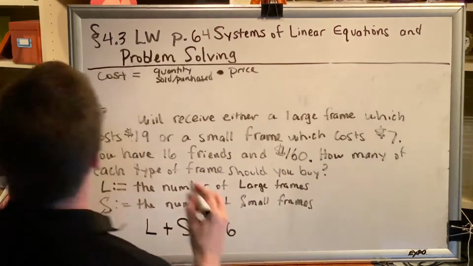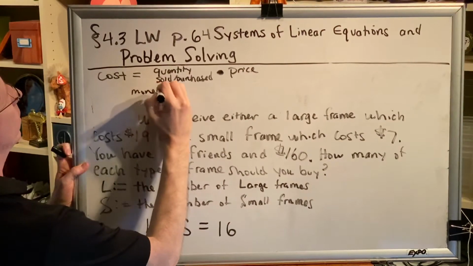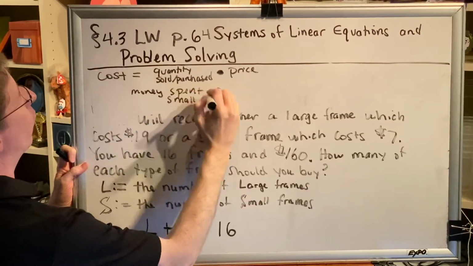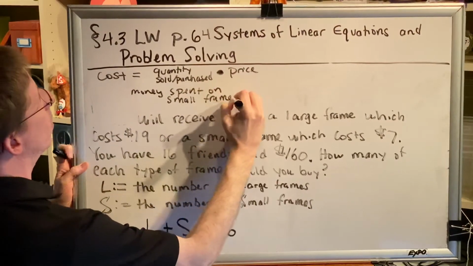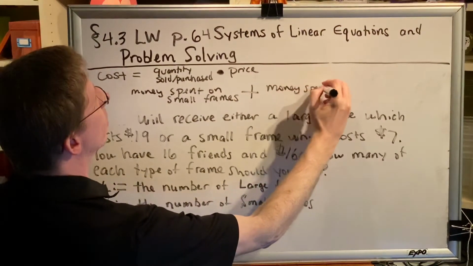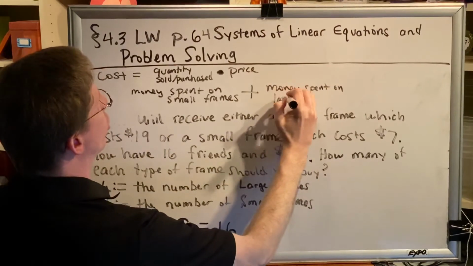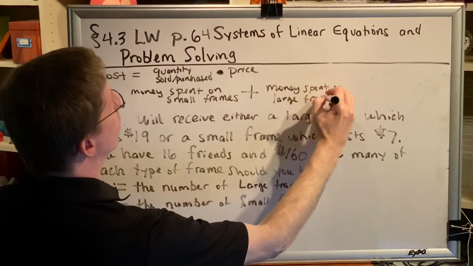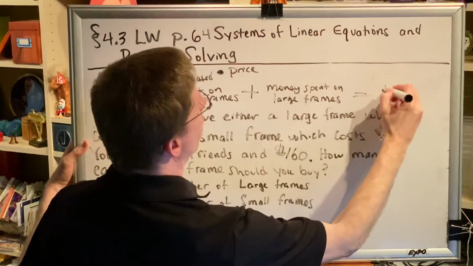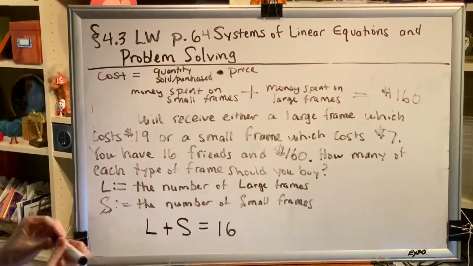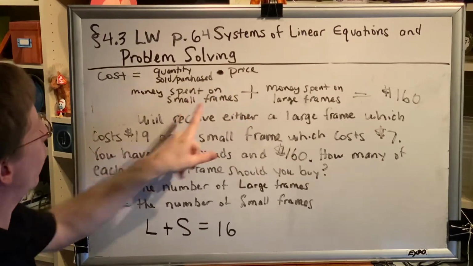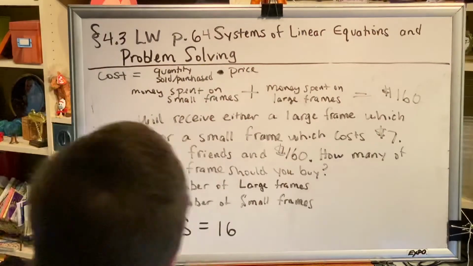So what we know is the money spent on small frames plus the money spent on large frames equals the total amount of money spent, which is $160. So if we can just come up with the quantity sold and purchased and the price for each of these 2 things, then we'll have ourselves a solution.